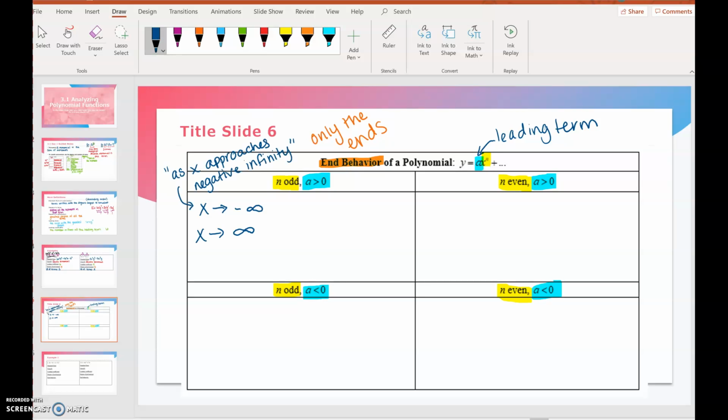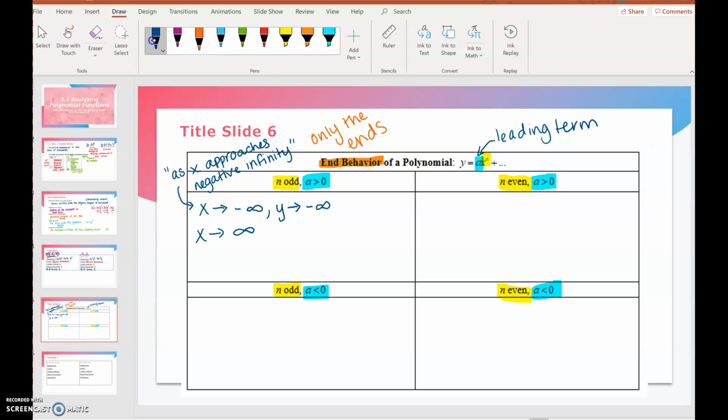So as x approaches negative infinity, y approaches negative infinity. So as we go more to the left of the graph, the end behavior is going to be going down, not up, because it's going negative.